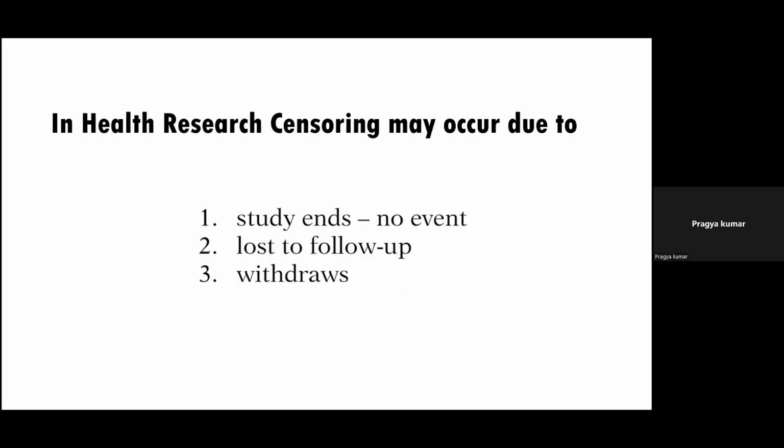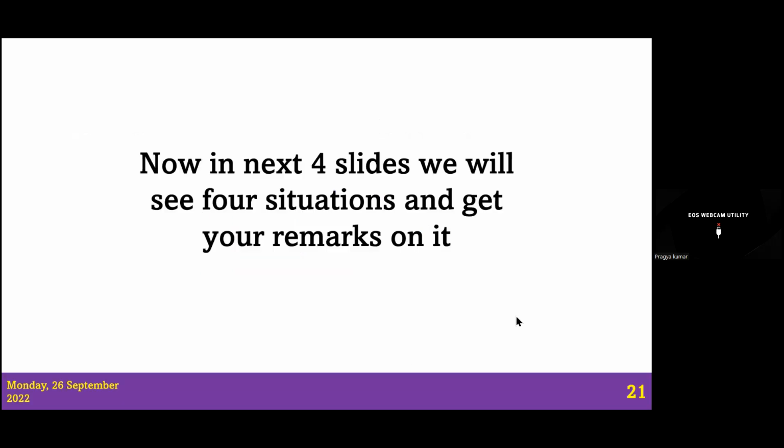So in health research, censoring may happen due to many reasons which you people have also told: the study ends and there is no event, like Anshuman was telling, or there can be loss to follow up, or the person withdraws. We don't know about the event because the person said that he doesn't want to be in the study.